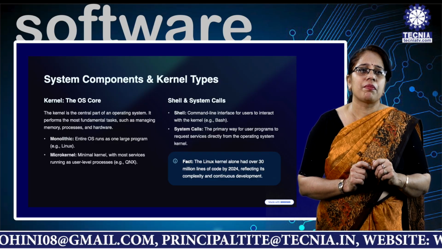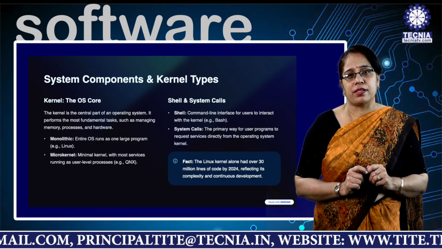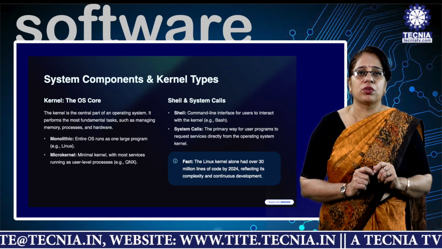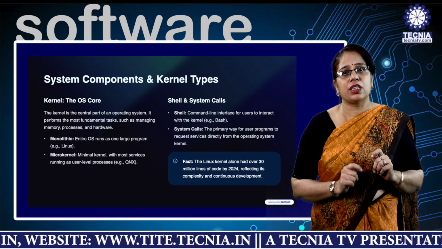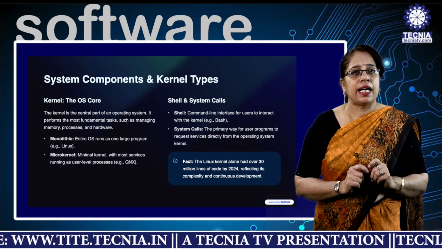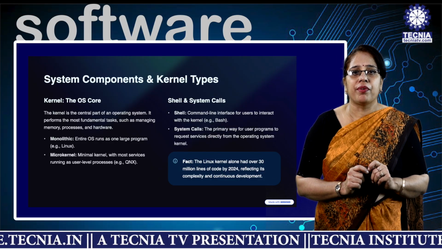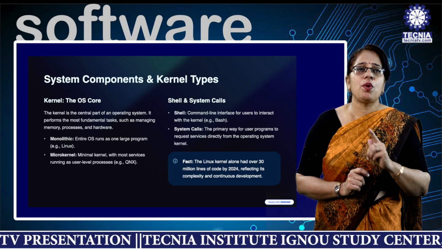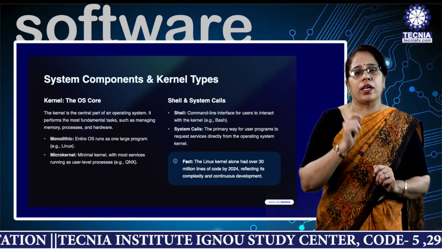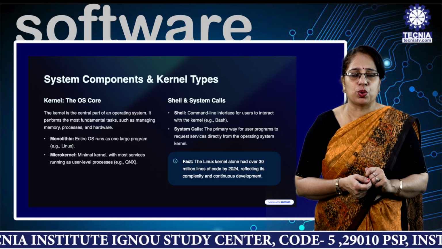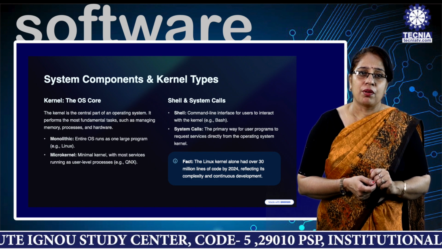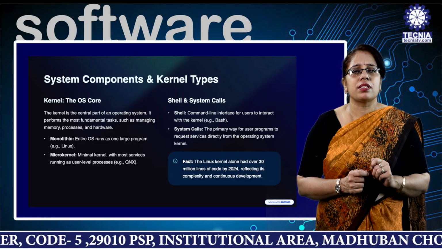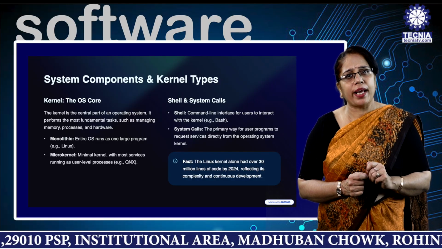Further, I will throw some light on system components and kernel types. What is kernel? You must be thinking about this. So kernel is basically the core of operating system and its types are, number one, monolithic kernel. In this, the entire operating system runs as one, as in Linux also. Microkernel: in this, a minimal kernel with user level services is there, like QNX.